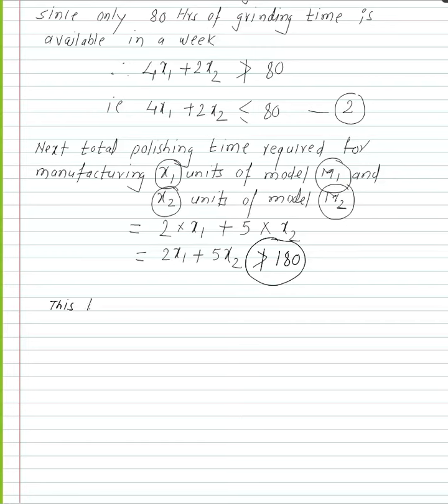This total, that is total polishing time required for manufacturing x1 units of M1 and x2 units of M2, should not be greater than 180, since only 180 hours of polishing time is available.